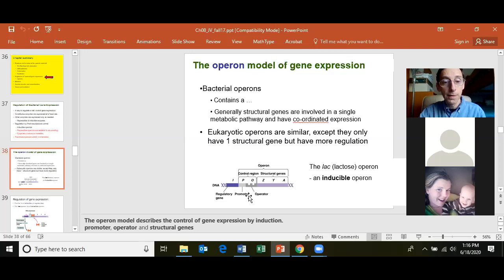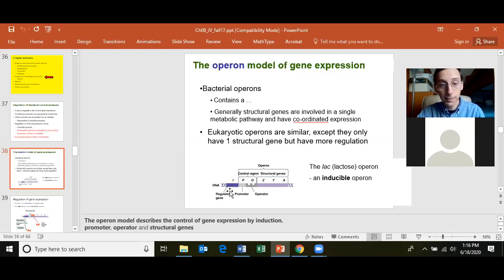Now, the regulatory gene is a separate gene, not on the lac operon, and it helps regulate the expression of the lac operon. Normally, the regulatory gene is nowhere near the gene or genes that it controls.